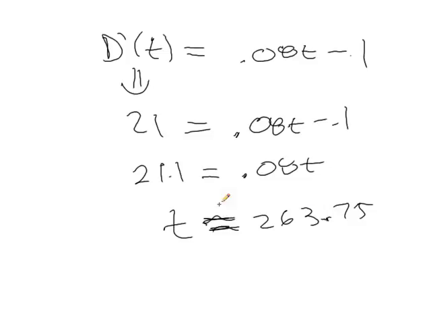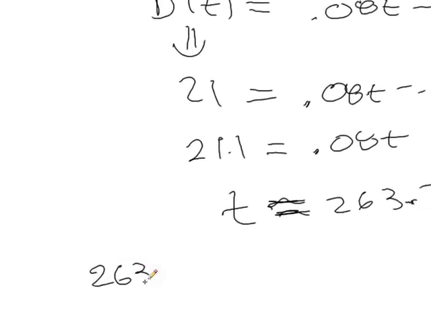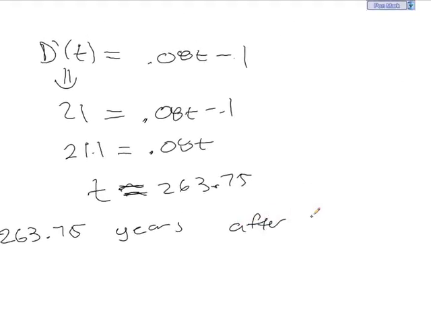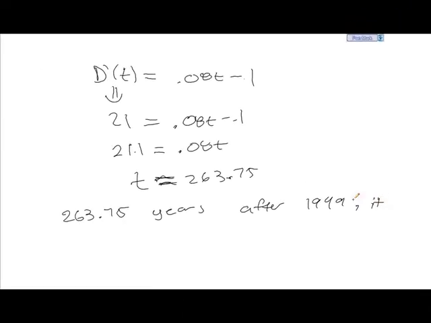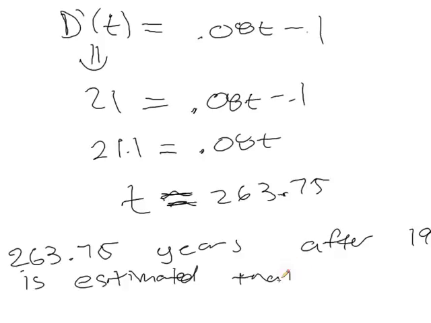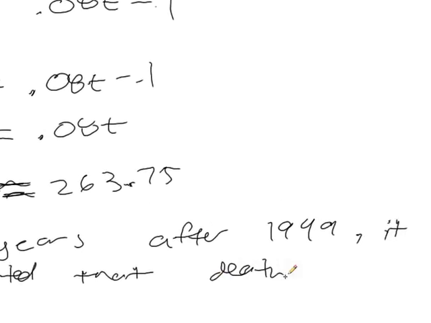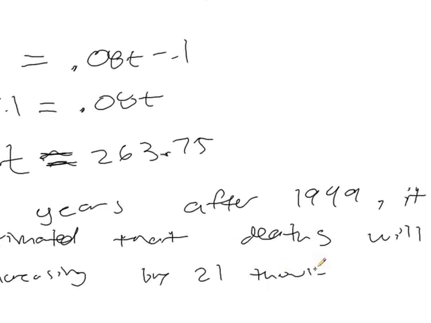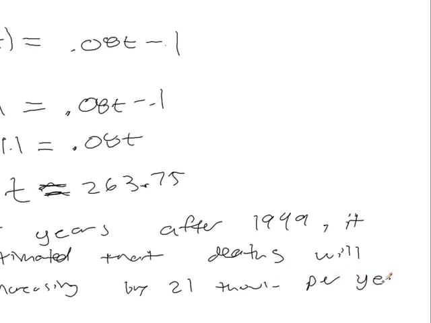Well, this is the number of years after 1999. So 263.75 years after 1999. Well, obviously we can't predict that far out in the future, but it is estimated that deaths will be increasing by 21,000 per year.